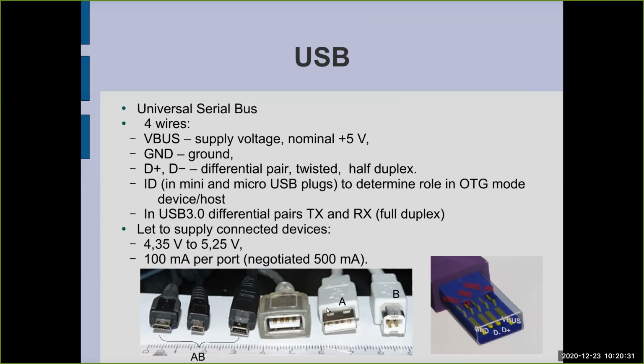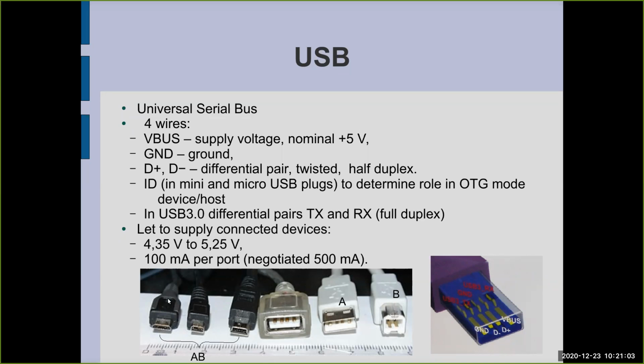Every cable has 2 different plugs, called A and B. A is connected to the device which is called host. The host is the device which governs, or is the master for, this bus. B is connected to the device which is called device or slave.